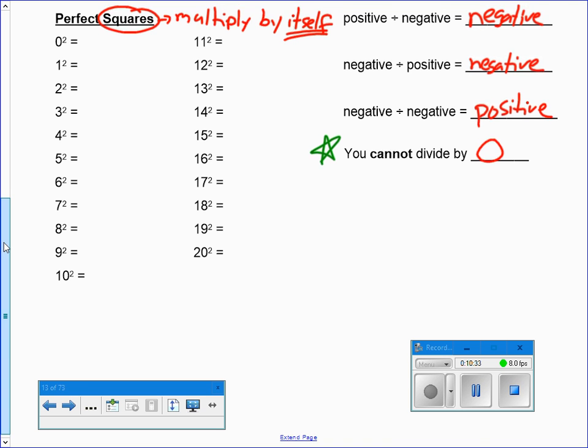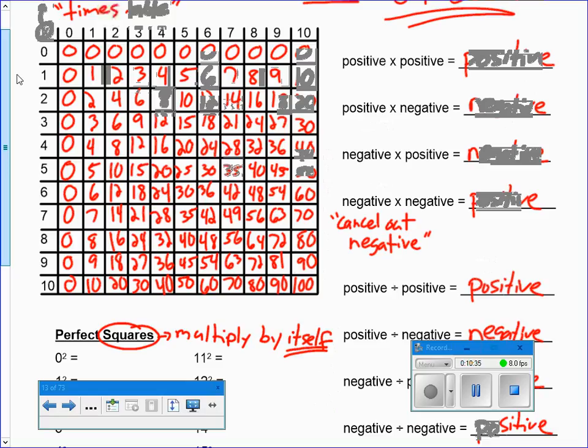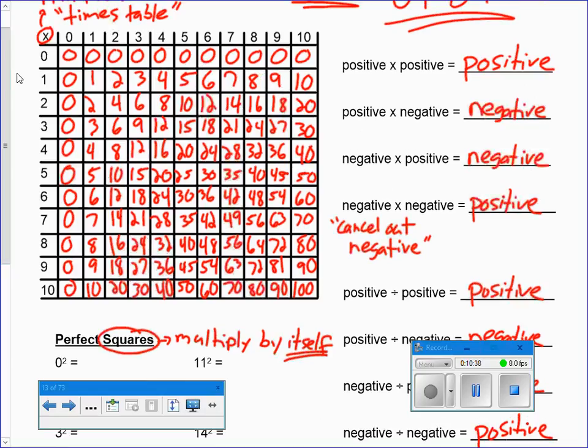If we look back up at our times tables, these would be all the numbers going diagonally on our times tables, where we have a number multiplied by itself. The term we have for these is perfect squares.